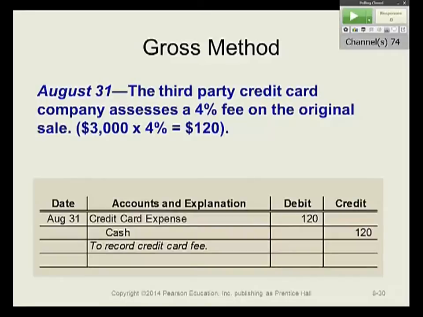So it's the same result. You still get the net of $28.80 as cash. It's the same result, except that it is recorded at two different points in time. Okay. All right. So any questions on the net and the gross method?